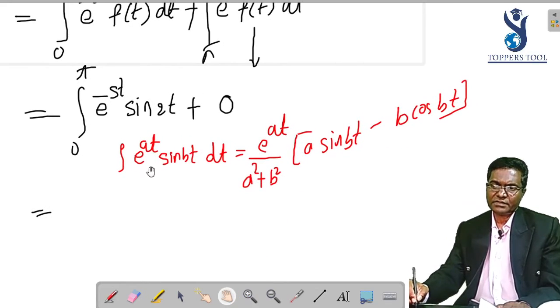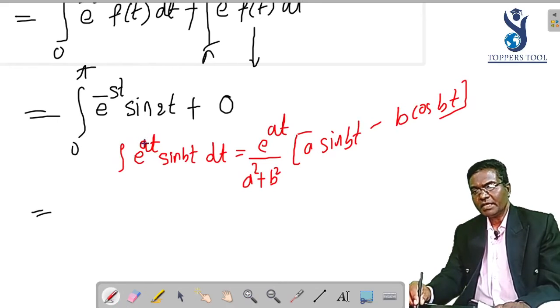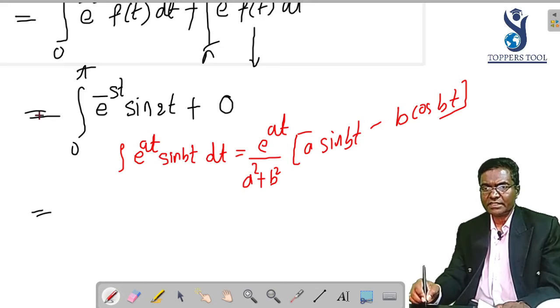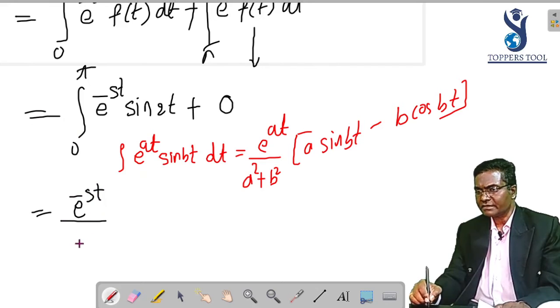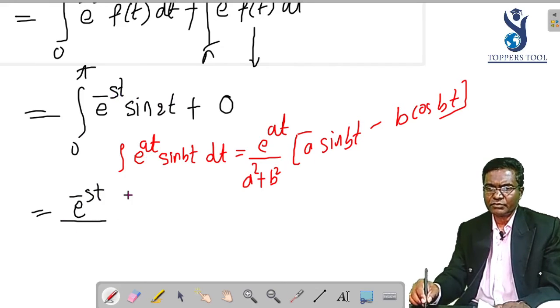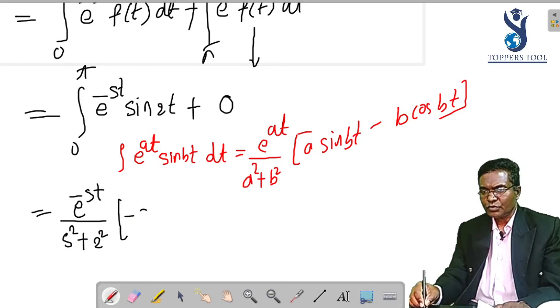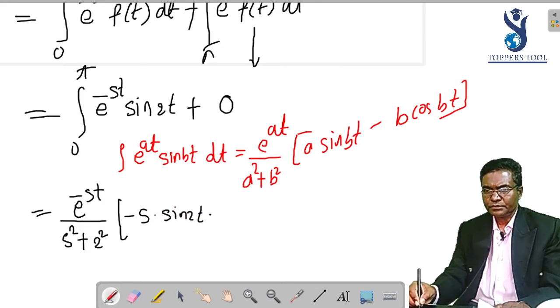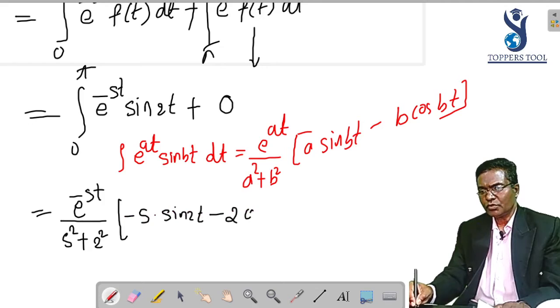Here a means minus s, b means 2. So I can write it as e power minus st by a square plus b square, which means s square plus 2 square, into (minus s into sine 2t minus 2 into cos 2t).